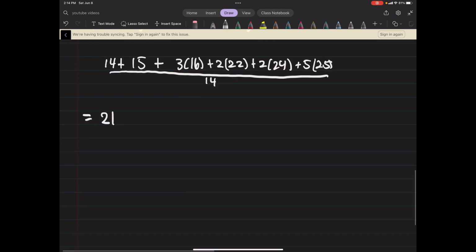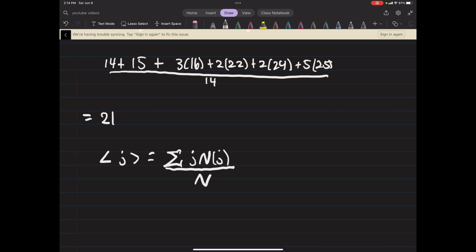But first off, I want to talk about average because that is something we use a lot in quantum mechanics. So the average is, I'm just generalizing essentially what I did up above. It's the age times the number of people of that age divided by the total number n.